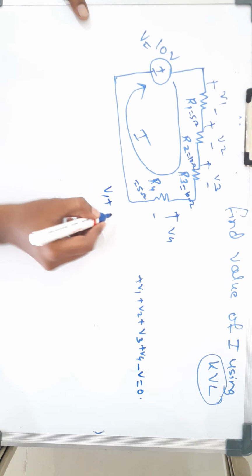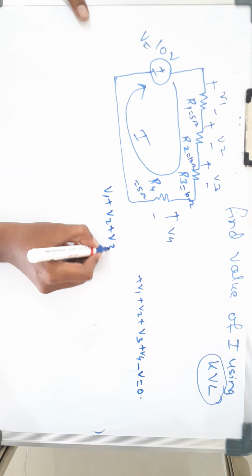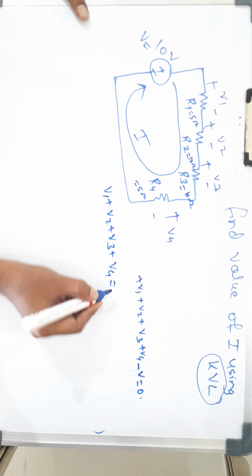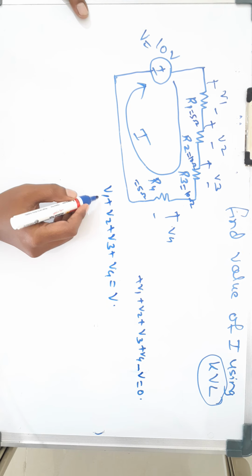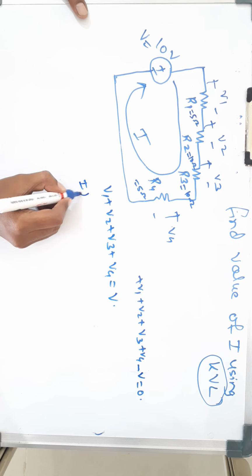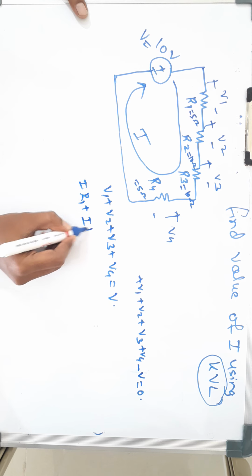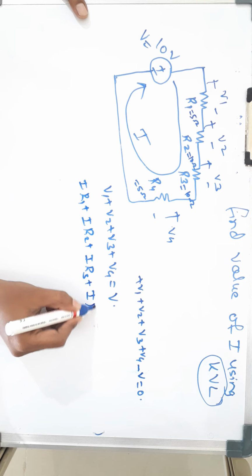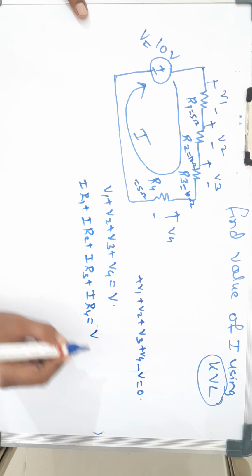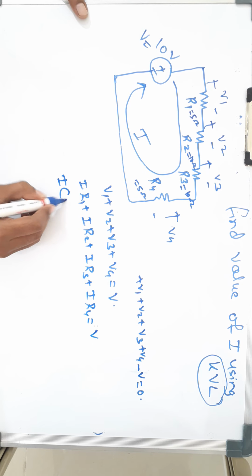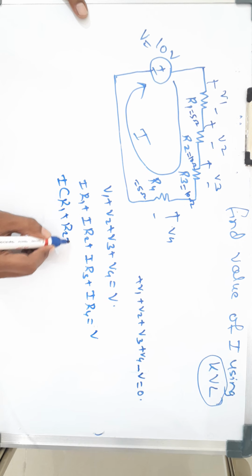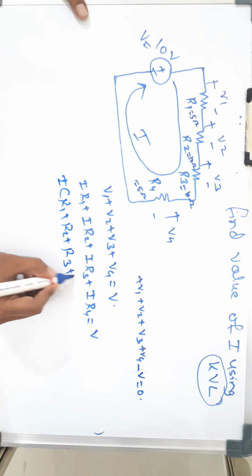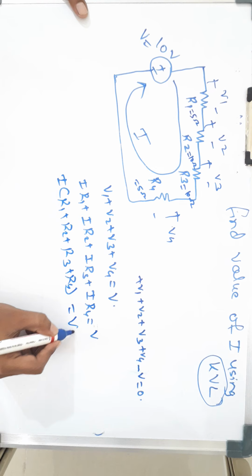So V1 plus V2 plus V3 plus V4 equal to V, which is I R1 plus I R2 plus I R3 plus I R4 equal to V. So I into R1 plus R2 plus R3 plus R4 equal to V.